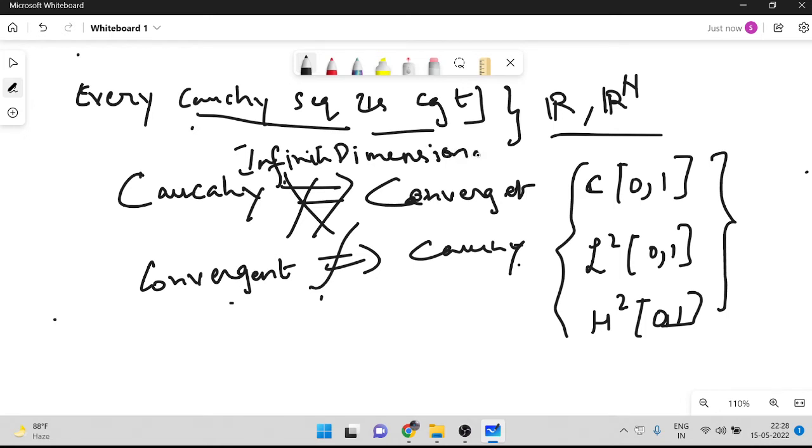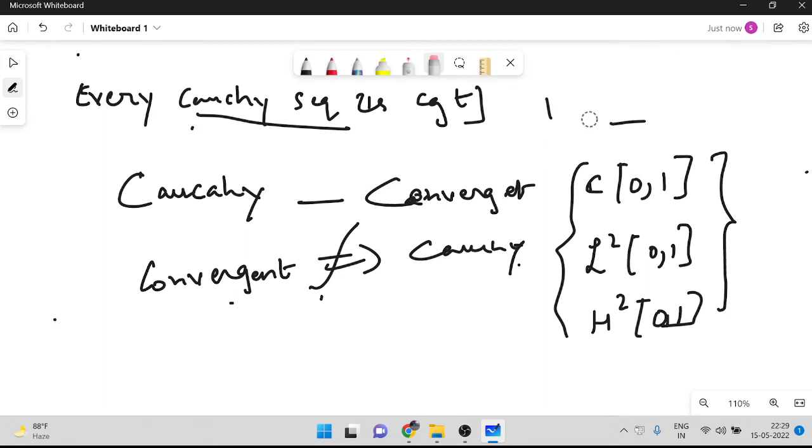When I start linear algebra, I'll discuss more about what these infinite dimensional spaces are. But for now, we are in the happy finite dimensional spaces of real numbers, where every Cauchy sequence is convergent.